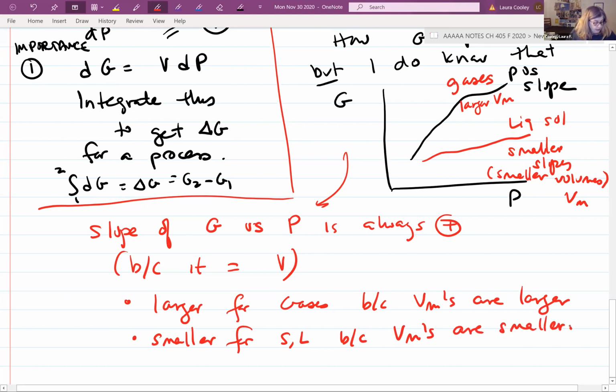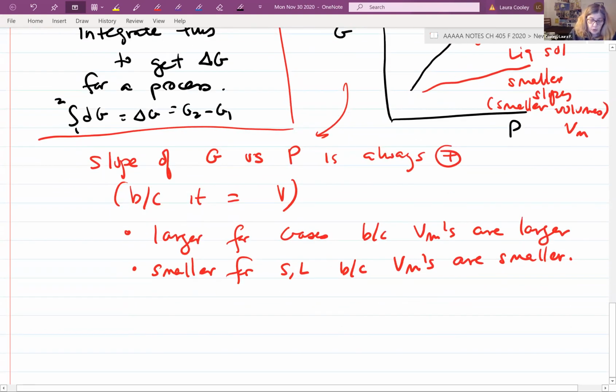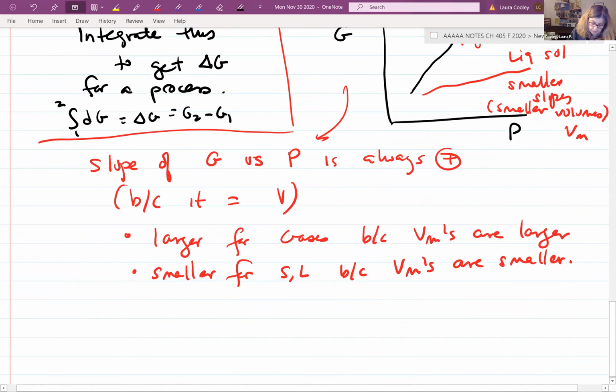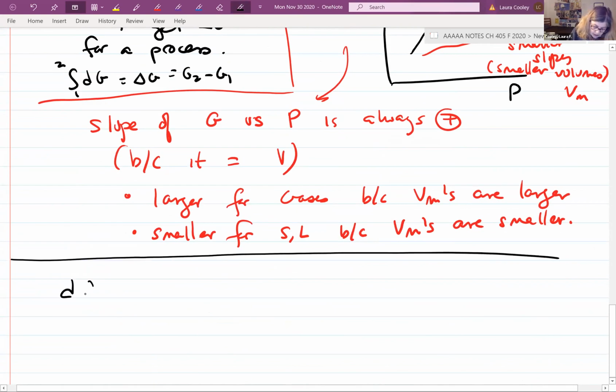All right. So what we actually do is we look at this equation. We're going to work with this thing right here. The dG is equal to VdP, and we're going to integrate this.